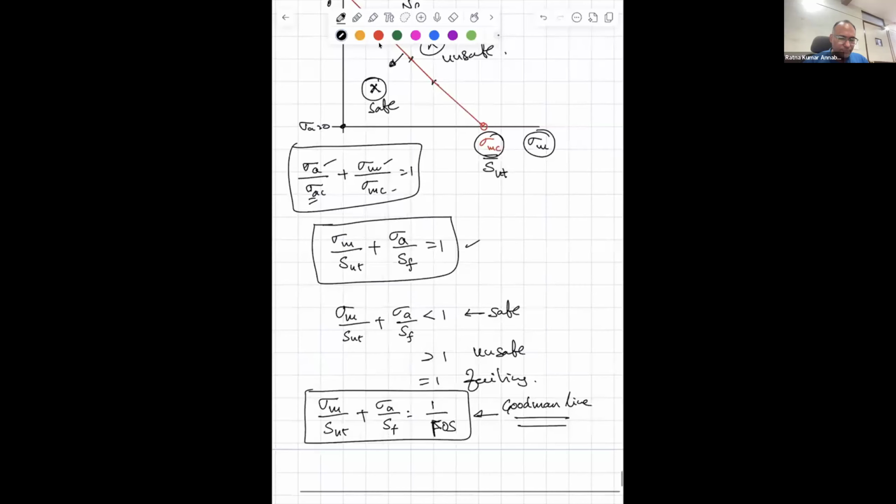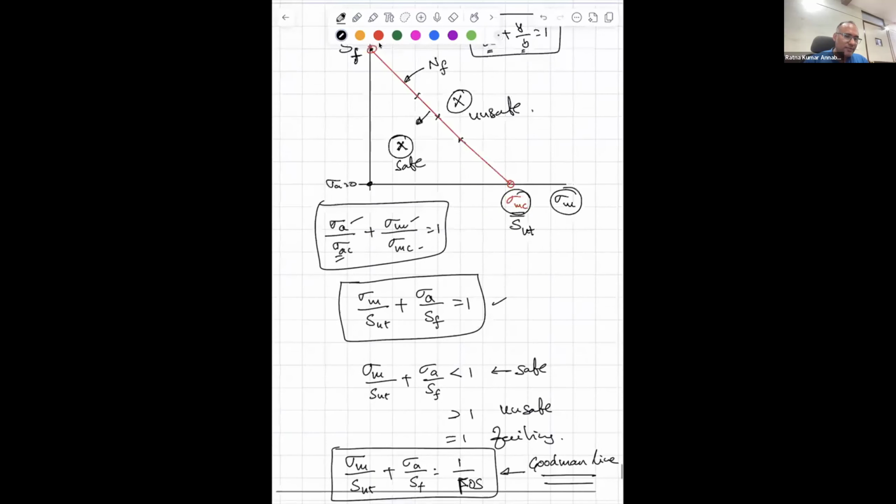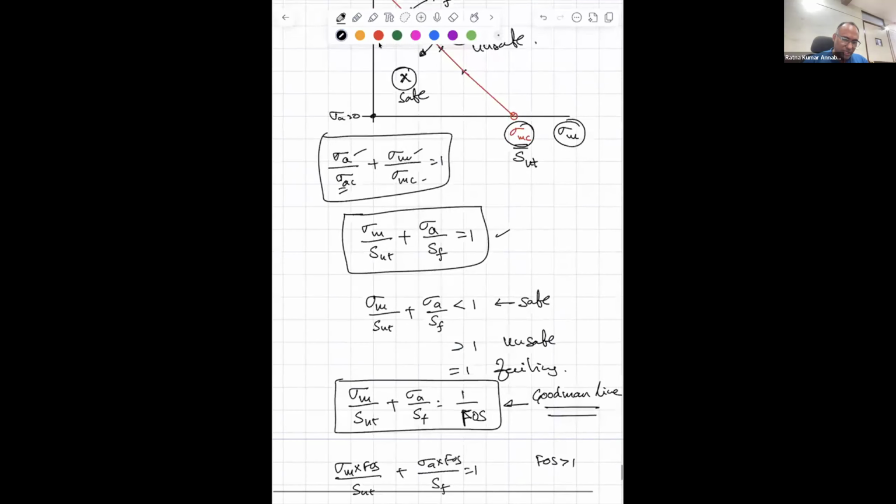You can simply see this as multiplying everything with the factor of safety: sigma m into FOS by SUT plus sigma a into FOS by SF is equal to 1. FOS is greater than 1, so sigma m, whatever the number, into FOS, I am making it move that way. The actual value is this, but I am making it move that way.